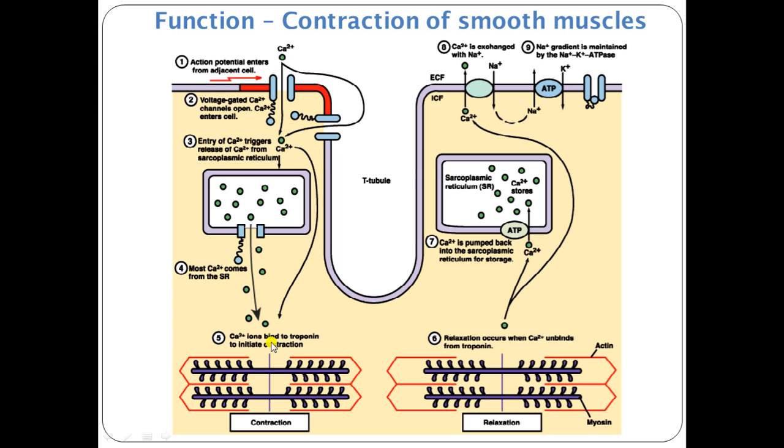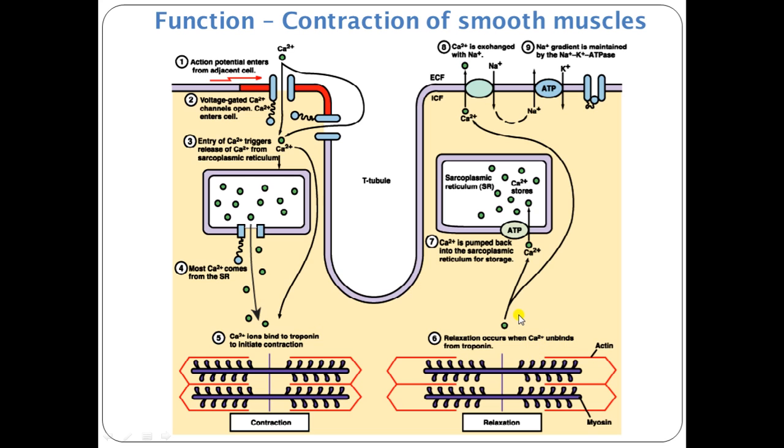This calcium ion binds to the troponin to initiate the contraction. Once the contraction has taken place, the process of relaxation starts. The relaxation occurs when calcium ion unbinds from the troponin. So binding of calcium to the troponin will stimulate the contraction, and unbinding of the calcium from the troponin will stimulate the relaxation.